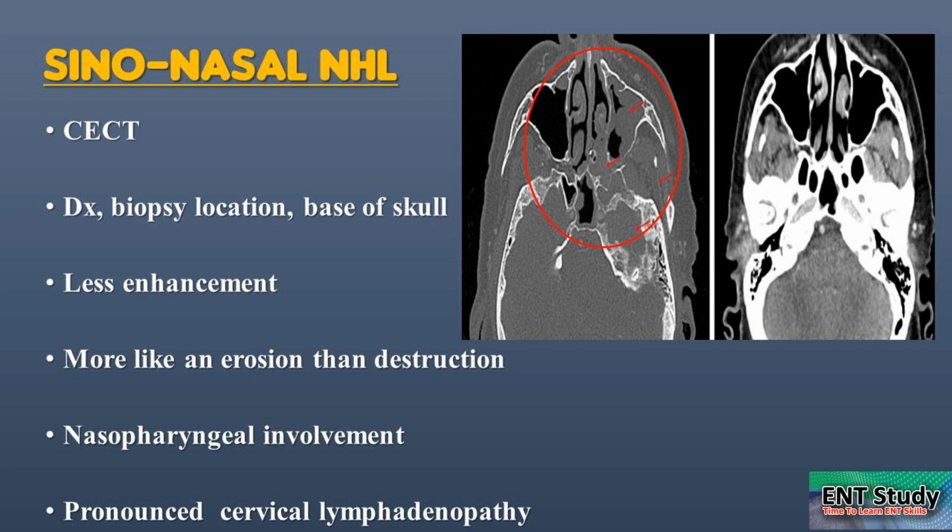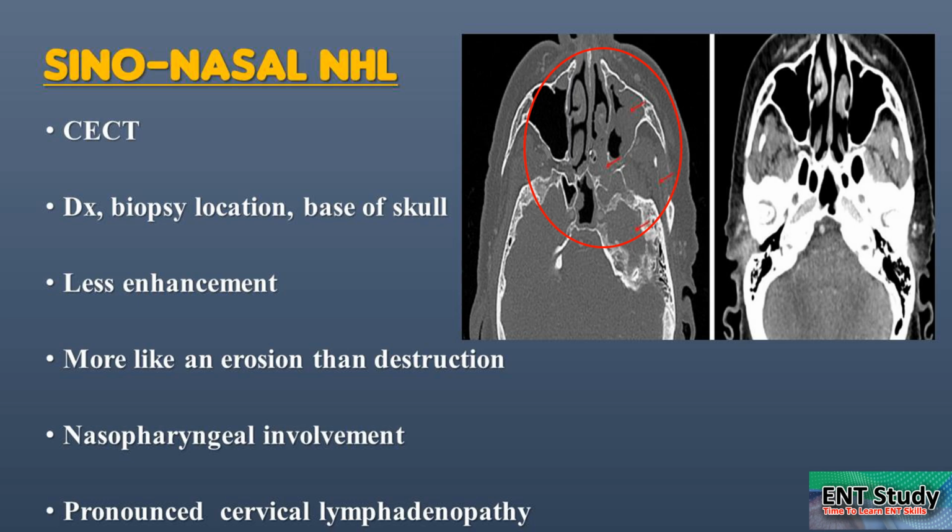If you can look at this, okay, so look at this. This looks like a very aggressive lesion, something which is extending right up to the back of the nasopharynx. Something which is remodeling, it's not actually destroying. If you recall the previous slide, it was more like destruction; there were no areas of bone left in between.